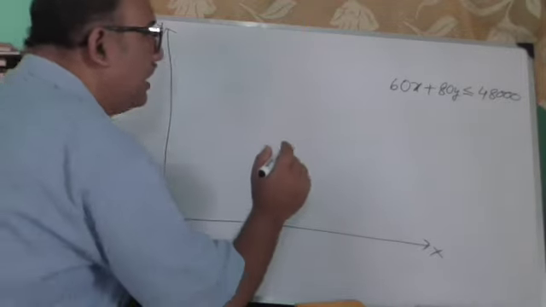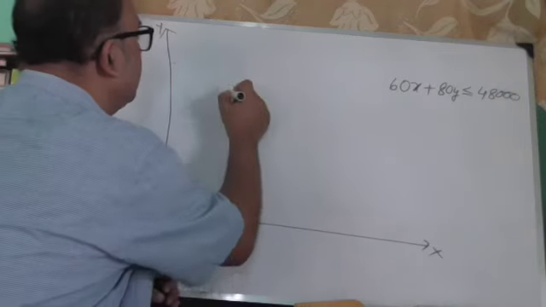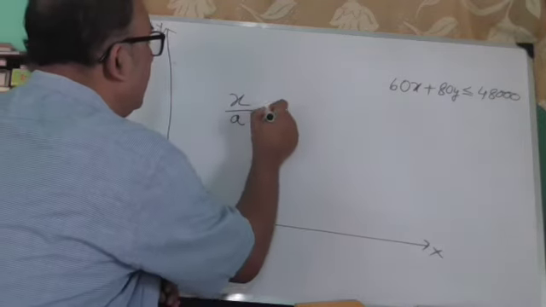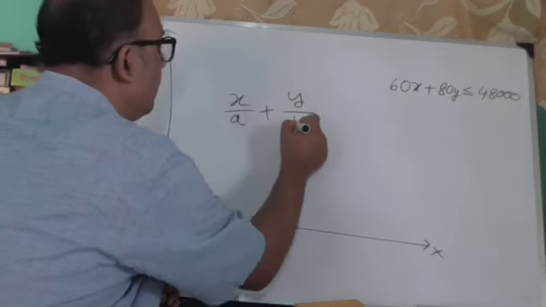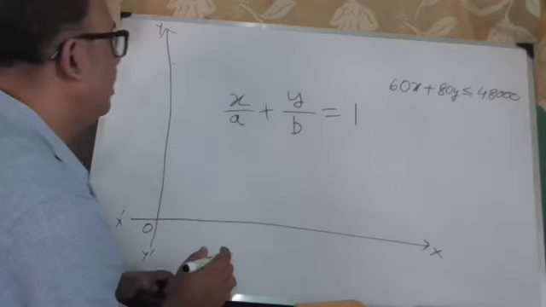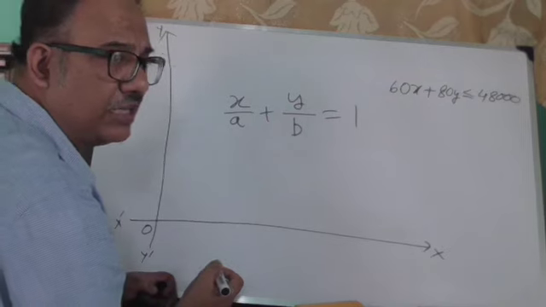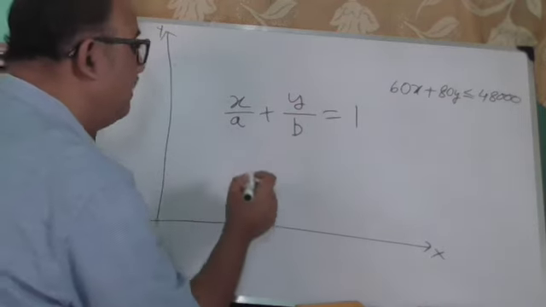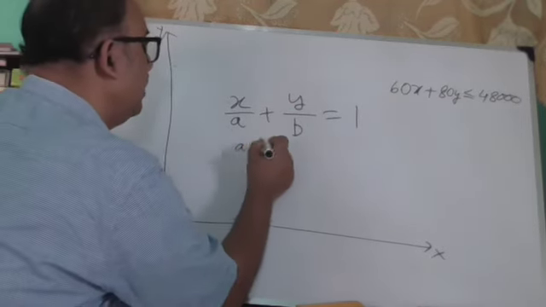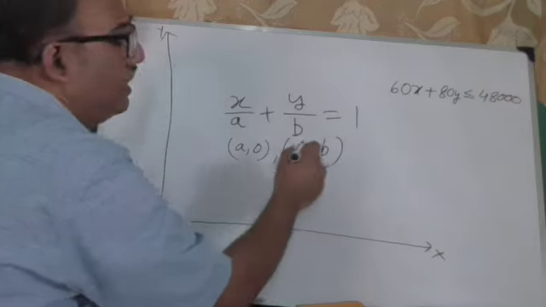intercept form. If you remember, the intercept form of a straight line is x by a plus y by b equals 1. That is the intercept form of drawing a straight line. If you can write the equation of a straight line in this particular intercept form, then this straight line passes through the points (a, 0) and (0, b).